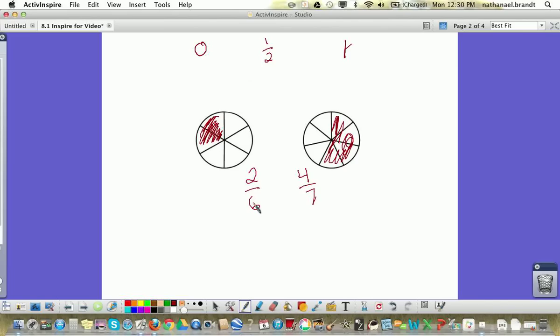Half of 6 is 3. 2 is less than 3, so this fraction, 2/6, is less than 1/2. Half of 7 is 3.5. 4 is bigger than 3.5, so that means this is bigger than 1/2. So 4/7 is bigger than 1/2, and 2/6 is less than 1/2. 4/7 is greater than 2/6.